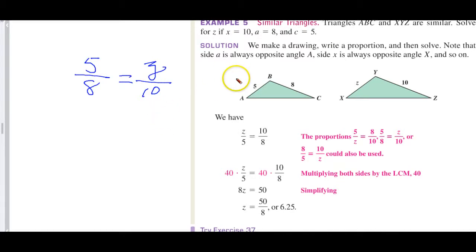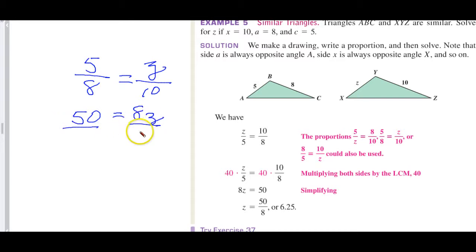Okay? Now there's other ways to set it up too. That was the way I chose. So we can cross multiply and we get 50 equals 8Z.